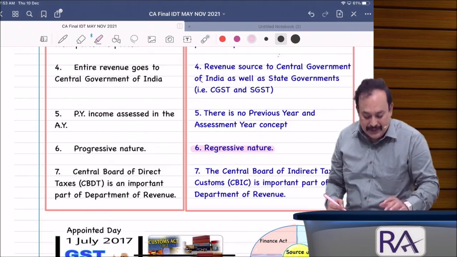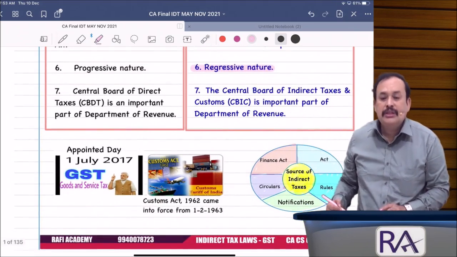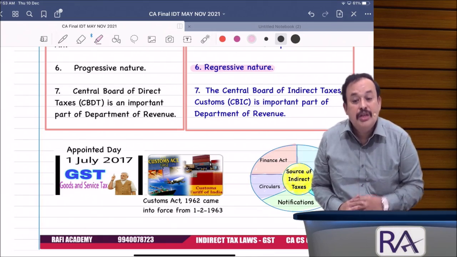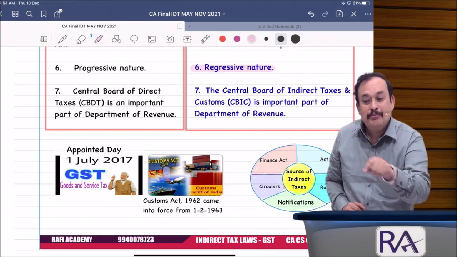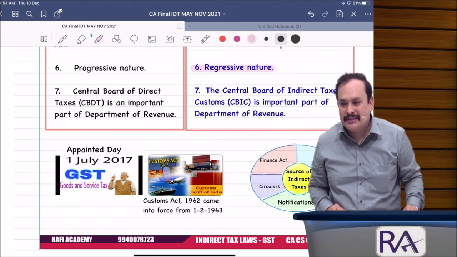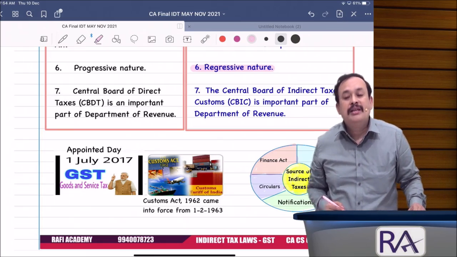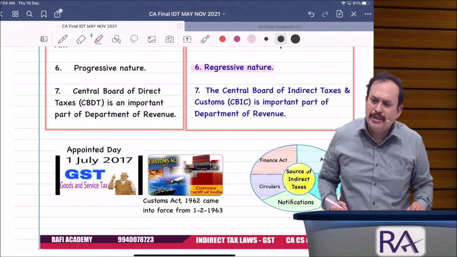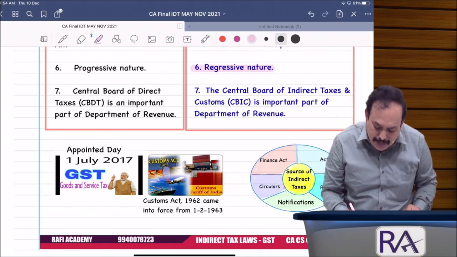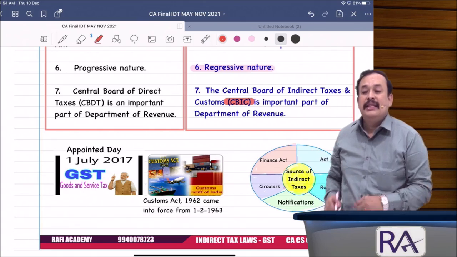Got the clarity? Further, my dear sir, direct taxes are administered by the direct tax department, which is supervised by the CBDT, Central Board of Direct Taxes. You are aware of that. Whereas indirect taxes are supervised by the CBIC, Central Board of Indirect Taxes and Customs. CBIC is the main organ under indirect taxes.